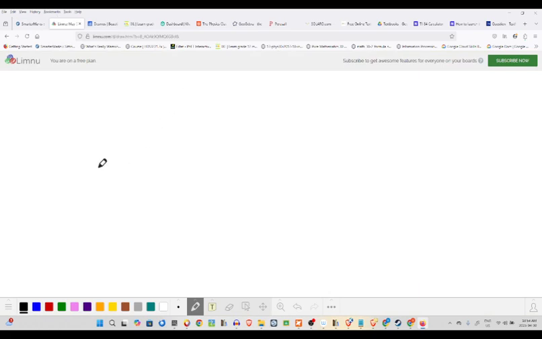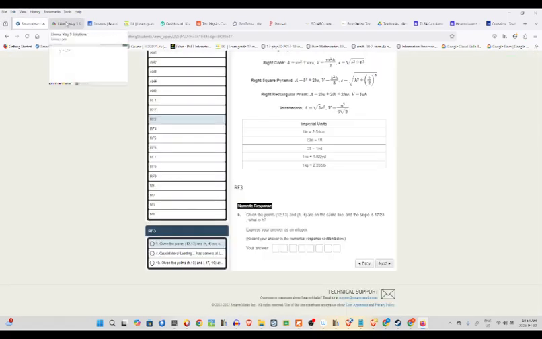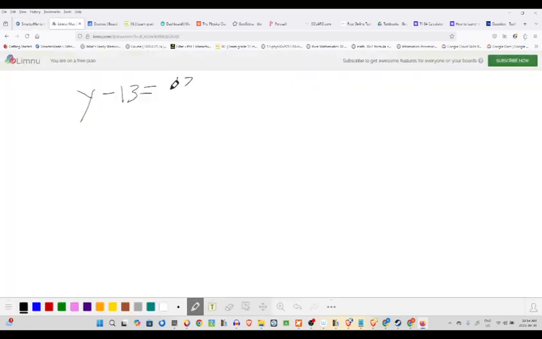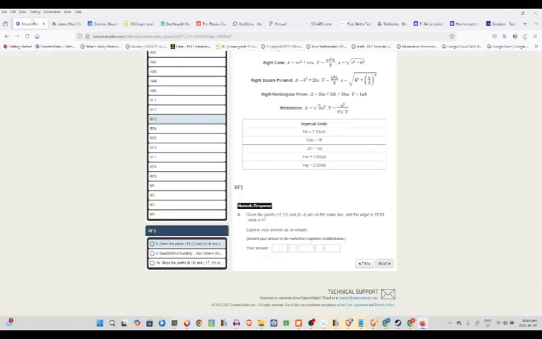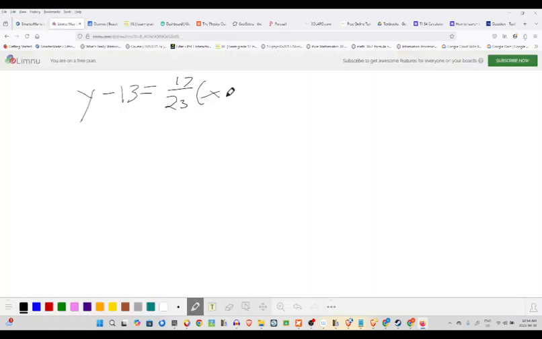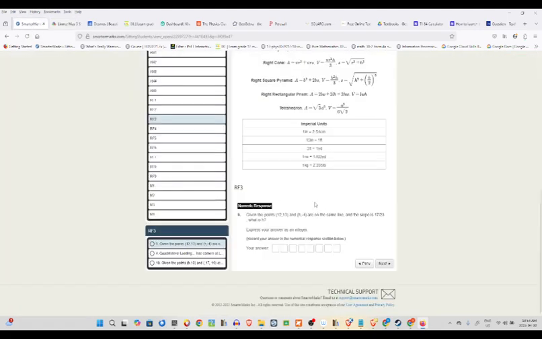So let's do that. Let's say y minus 13, our slope is 17 over 23, our x is 12. So here is one point. We're going to be looking for the x coordinate of the other point.